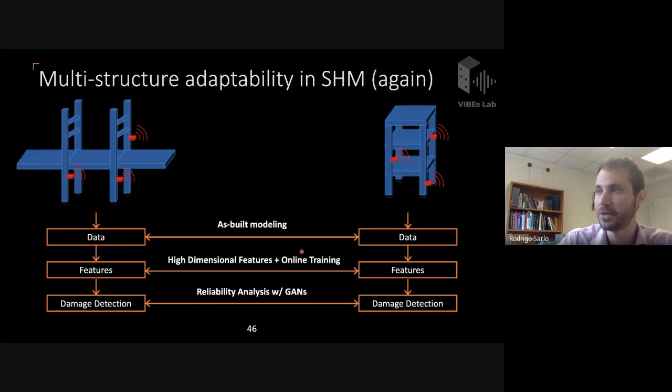And we can deal with relatively limited data. And then finally, at the damage detection level, the reliability analysis shows that we can at least stabilize the performance of these SHM algorithms, regardless of the precise damage detection parameters that were selected, by running simultaneous offline tests to try to tune the threshold with artificial data.